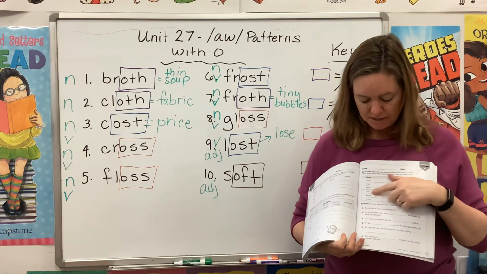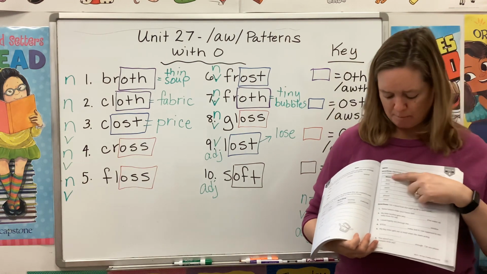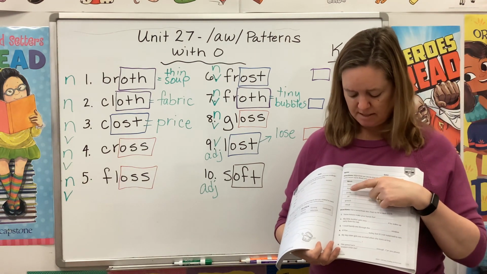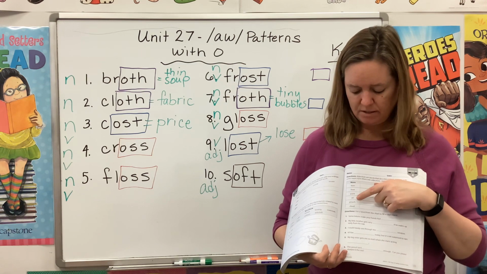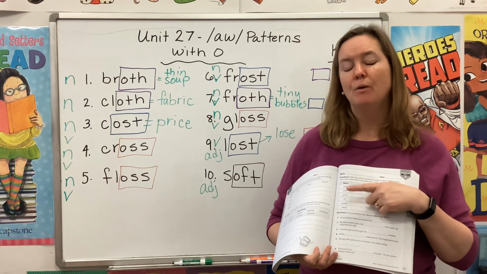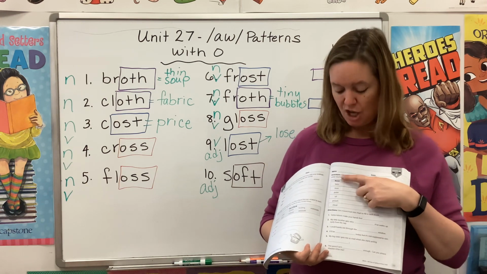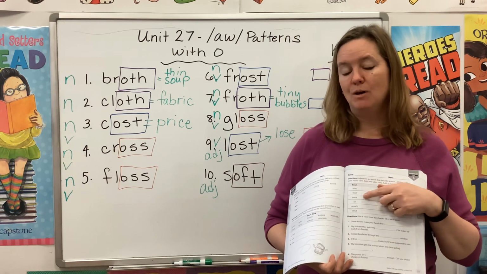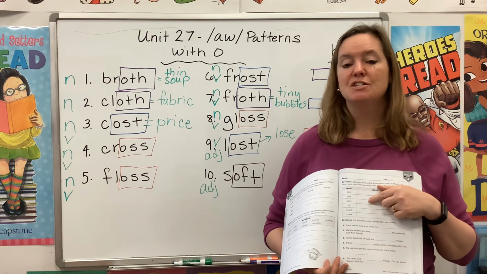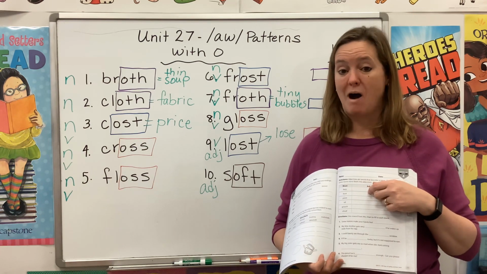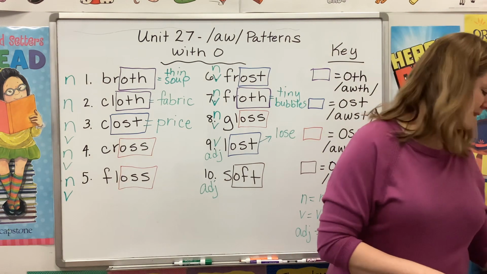You're going to get a bunch of nouns: boss, frost, point, oil, grouch, cloud. Notice we're reviewing some of our diphthongs from previous weeks. You're going to take these nouns and turn them into adjectives by adding a Y. So let me show you what that looks like.